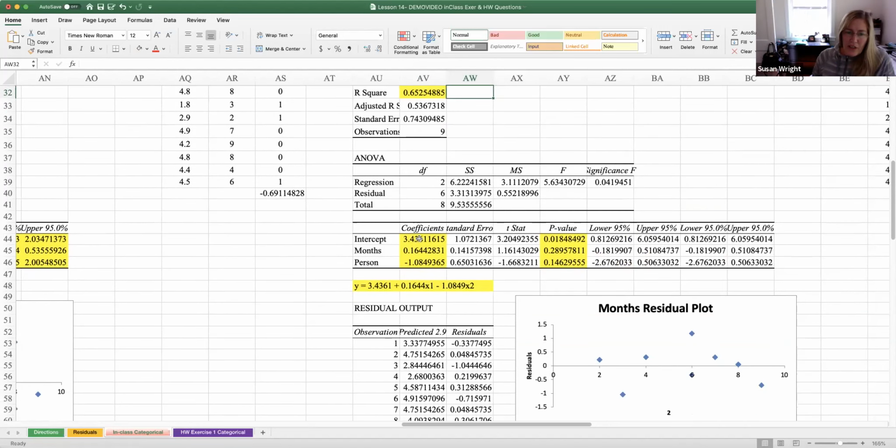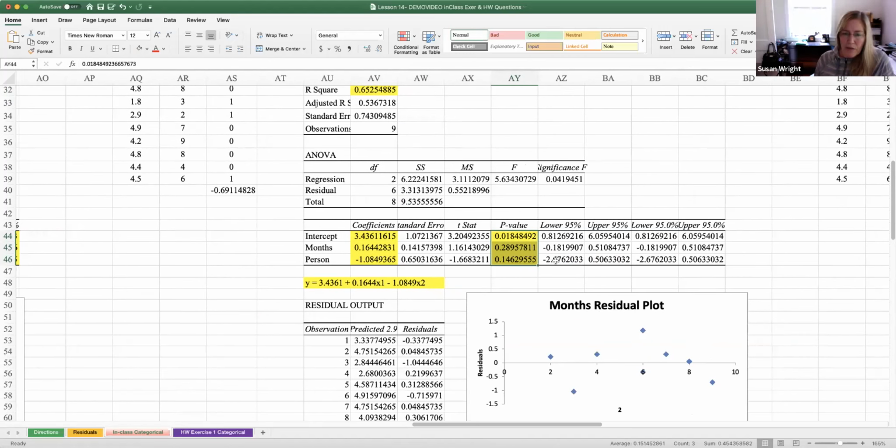All right, so let's check it out. Here's the loading factors for the regression. These are the p-values that we want to look at, and check it out. When we use person in the equation, neither one of these are significant. Neither one of them are good predictors of time when we load these into the equation.